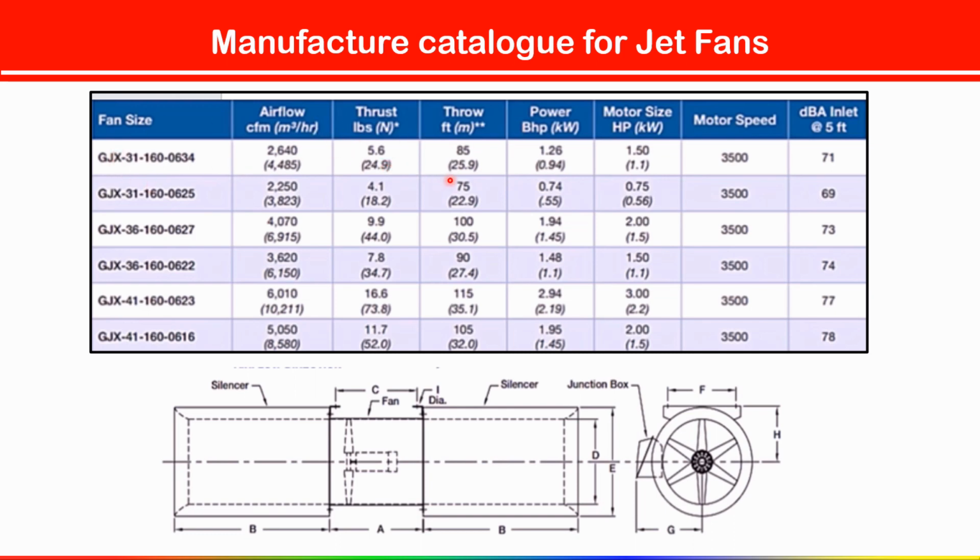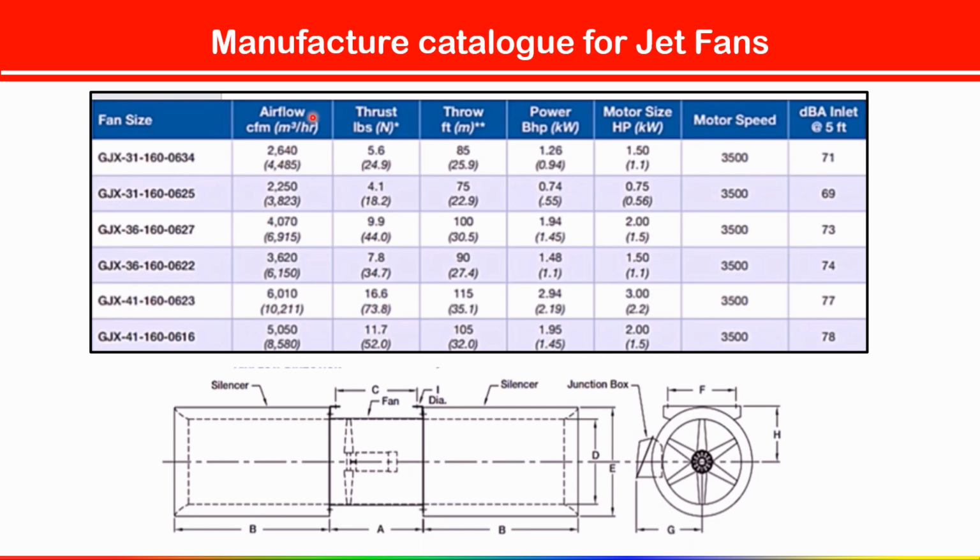Suppose you have calculated how much amount of air we have to exhaust from the basement. How can we get that air? We have a formula: exhaust air CFM is equal to volume of space in meter cube into ACH divided by 1.7. With the help of this formula you will get the exhaust air CFM.